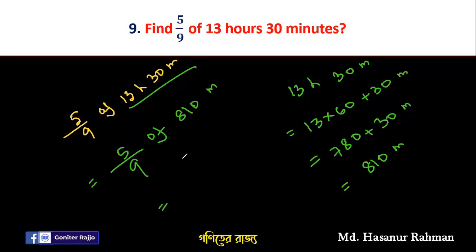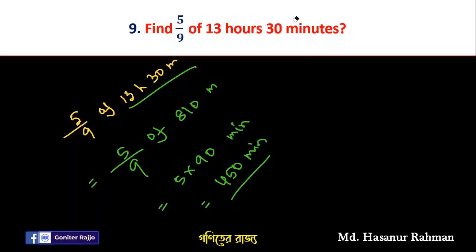So we can divide 81 by 9, that is 9, so 90. So 5 multiplied by 90 minutes, that means 450 minutes. So 450 minutes will be our final answer. And if we want to keep our answer in hour and minute, then we can also convert. How can we convert? Look at this. We can divide 450 by 60.